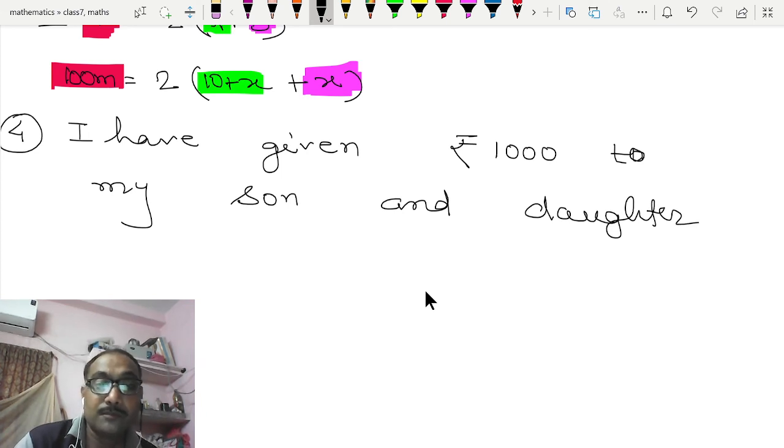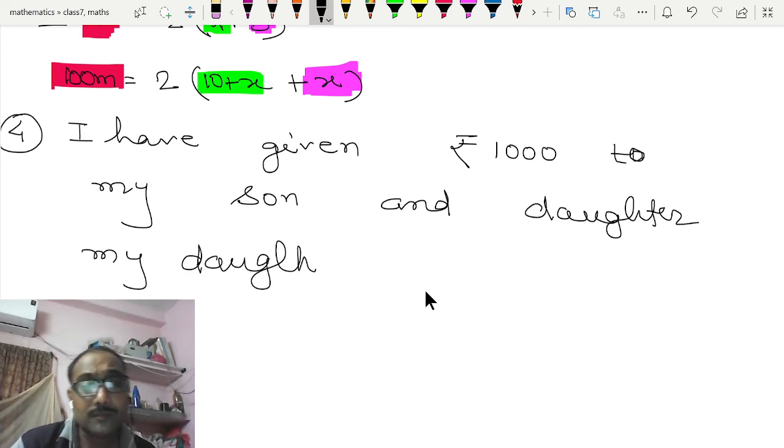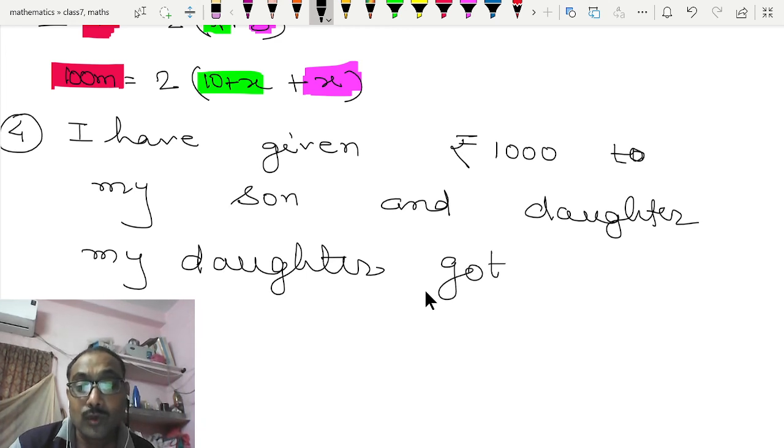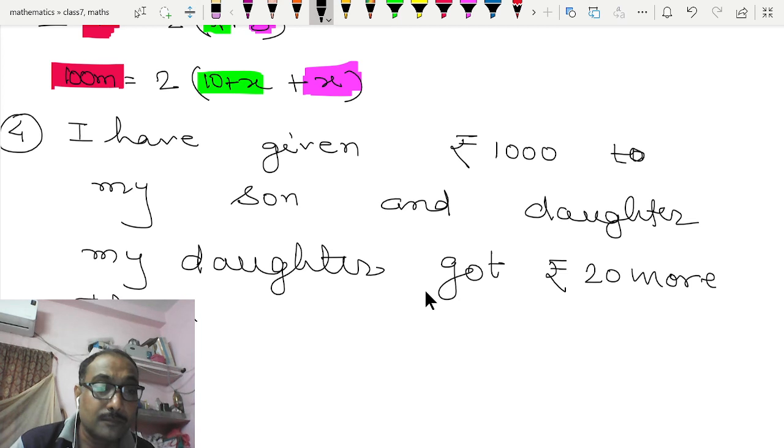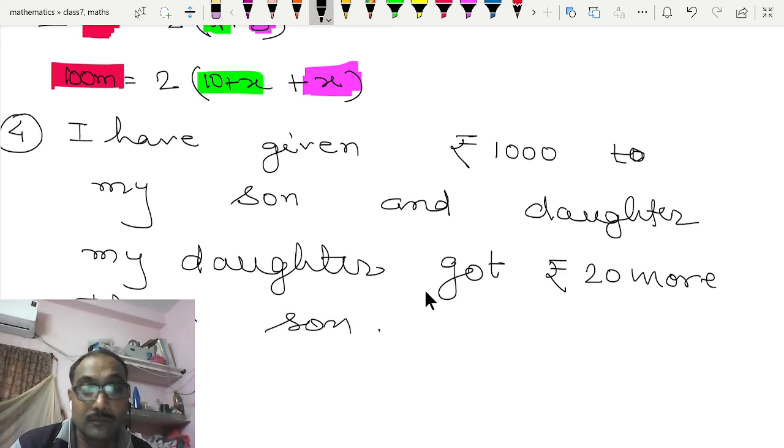Okay, my daughter got rupees 20 more than my son. So convert this word problem into equation form.